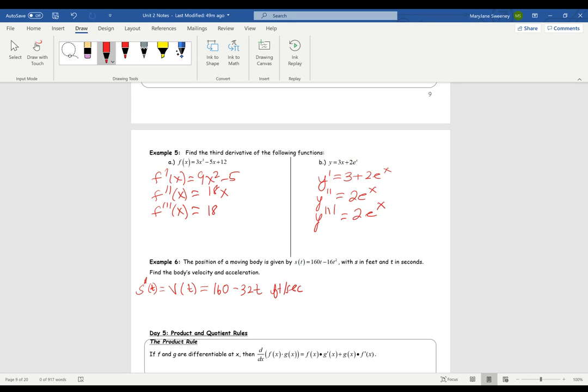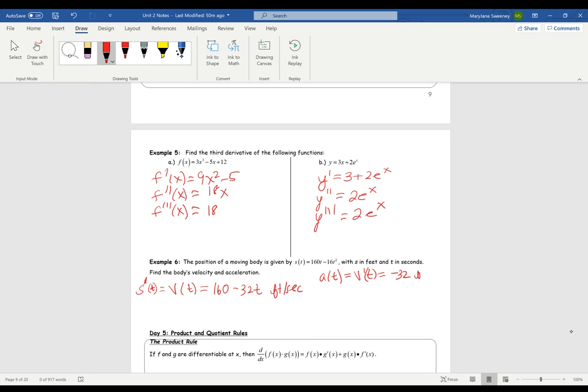And the acceleration is the second derivative. So a of t is going to be v prime of t. It's going to be the derivative of the velocity, which is the derivative of 160 is 0. The derivative of negative 32t is negative 32.